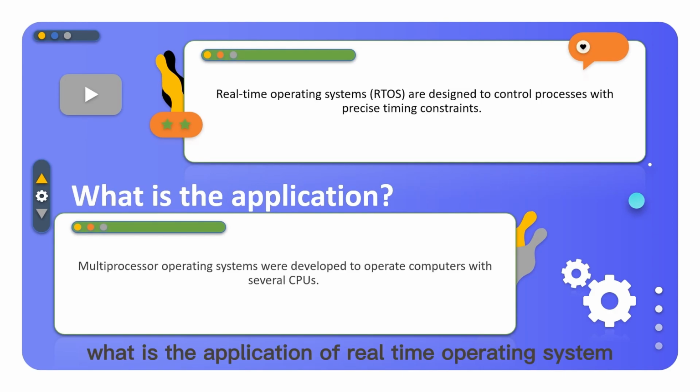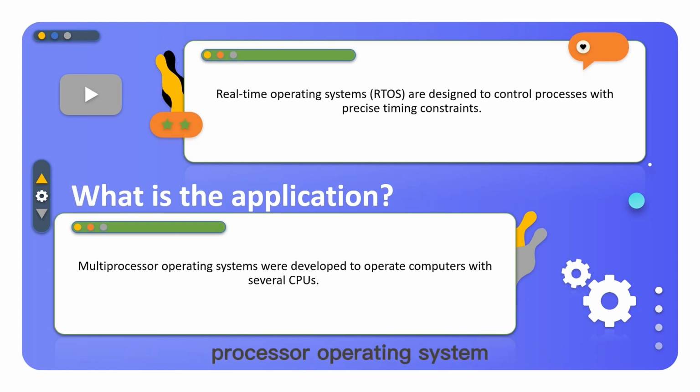What are the applications of real-time operating systems and multiprocessor operating systems? Real-time operating systems are designed to control processes with precise timing constraints, and RTOS are often used in systems like industrial control systems, ventilation systems, and medical devices that require quick data processing and reactivity.